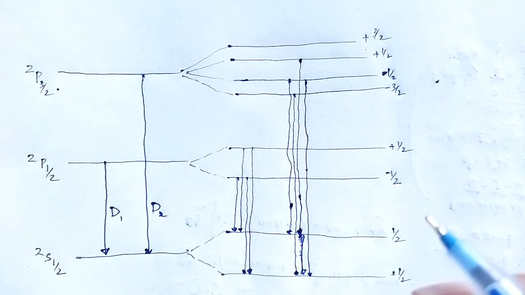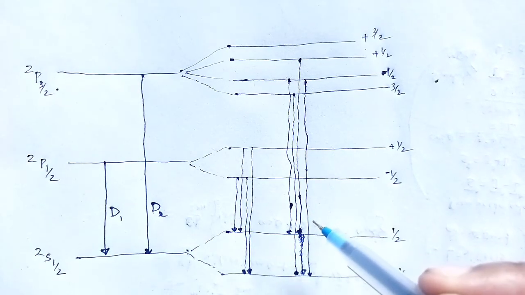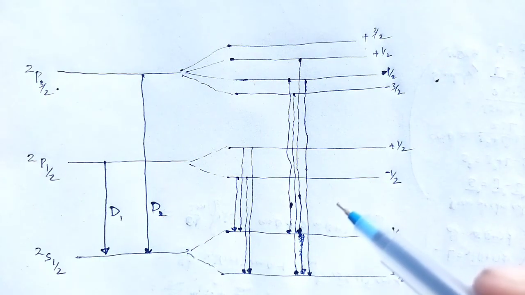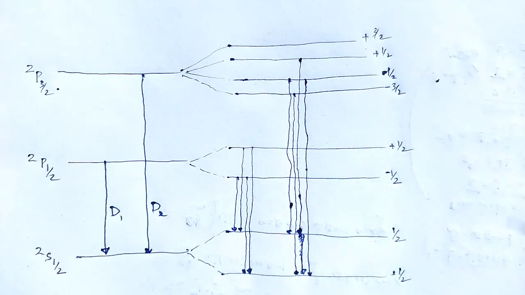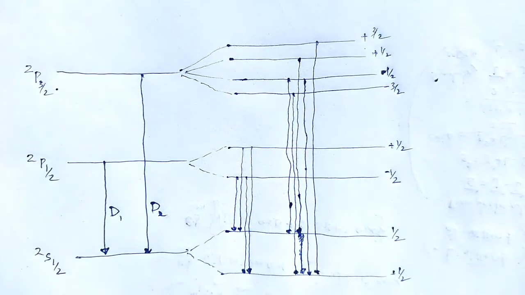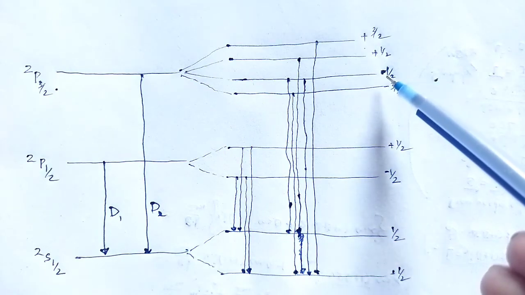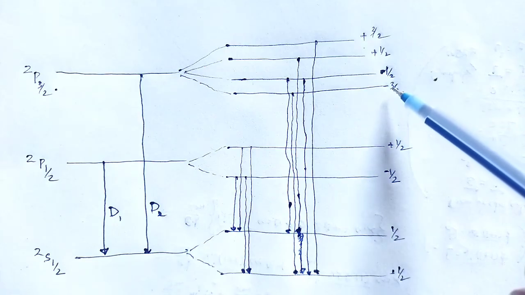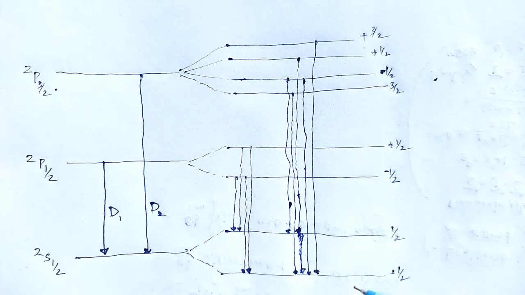Next, 3/2 to minus half. Next, minus half to plus half. Okay, completed. Minus 3/2 to minus half, completed.